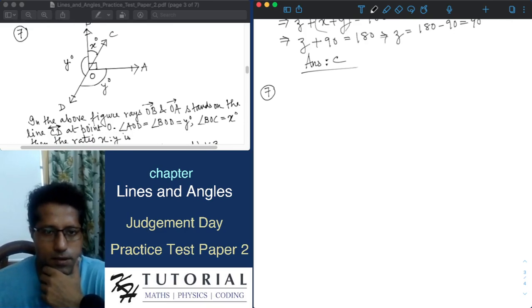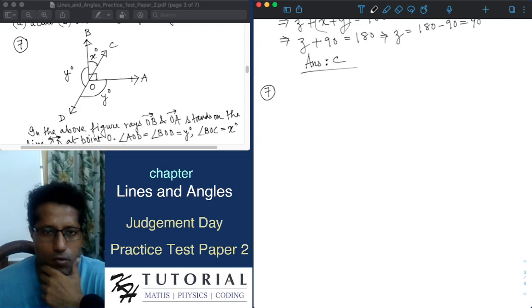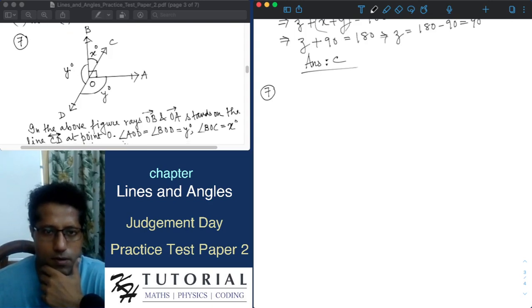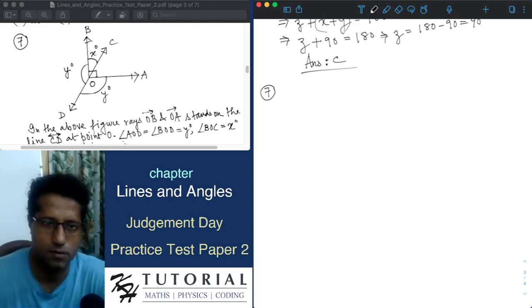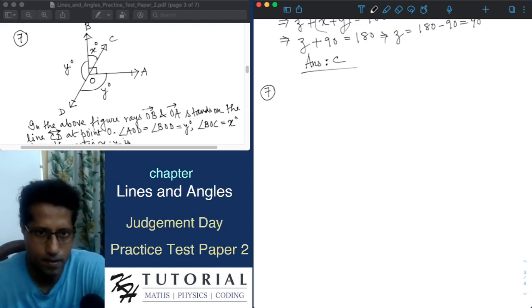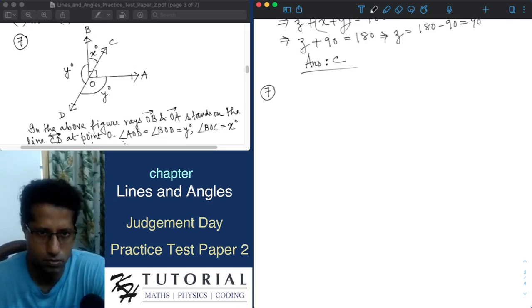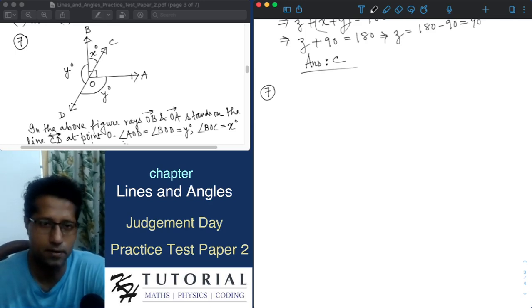It says in the above figure, rays OB and OA stand on the line CD at point O. So CD is a straight line, and ray OB is standing on the line CD at the point O, and also the ray OA is standing on the line CD at the point O. Angle AOD is equal to angle BOD equals y degree.